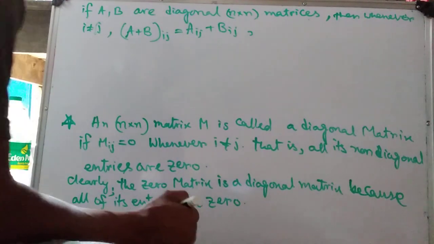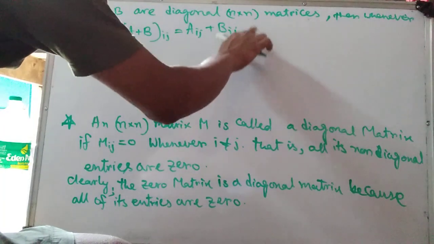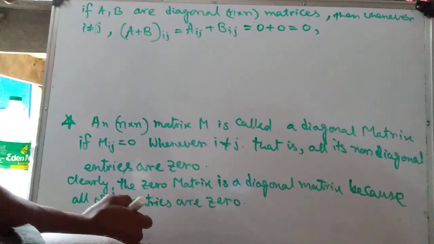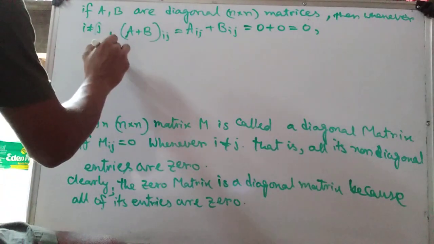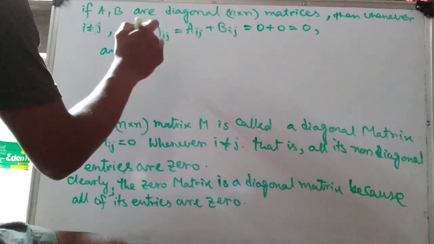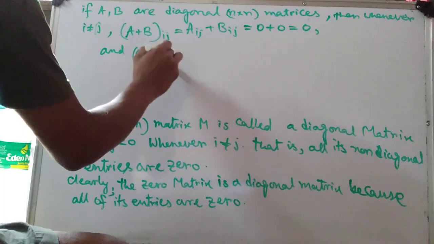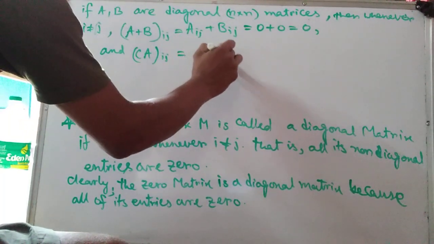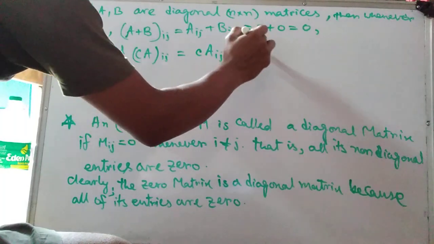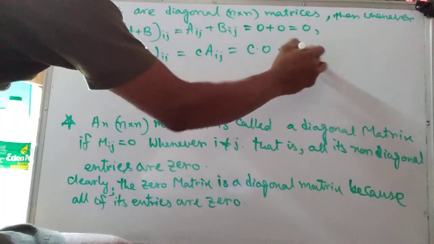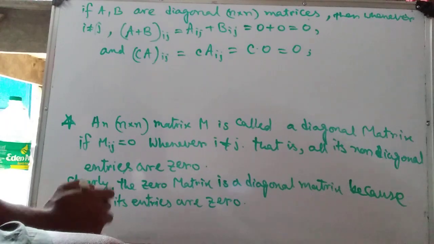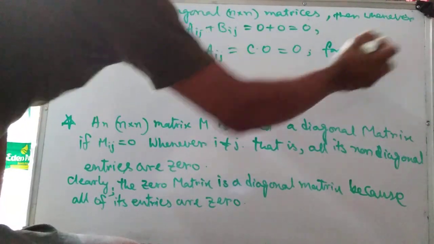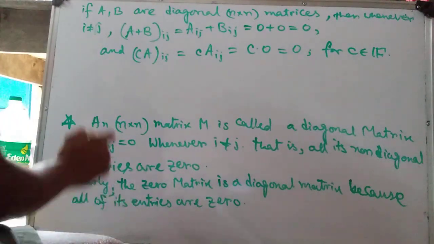If i not equal to j, then this equals 0 plus 0 equals 0. And obviously c times aij equals c times 0 equals 0, for c belongs to F.